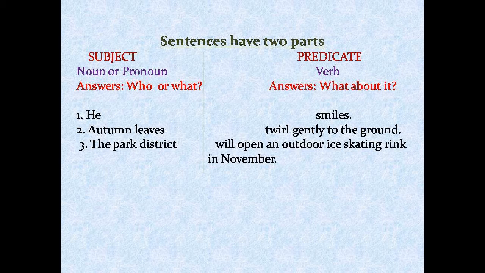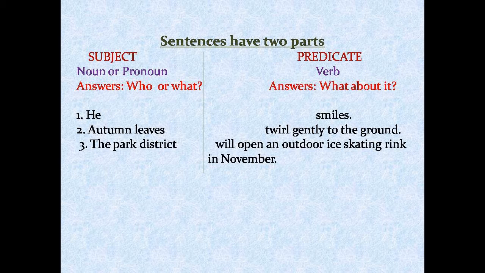In other words, we put this question before a verb. Here the verb is twirl. So who twirls or what twirls? The autumn leaves twirl. In the same way, the third statement: the park district will open an outdoor ice skating rink in November.